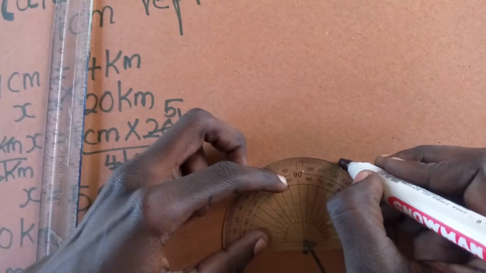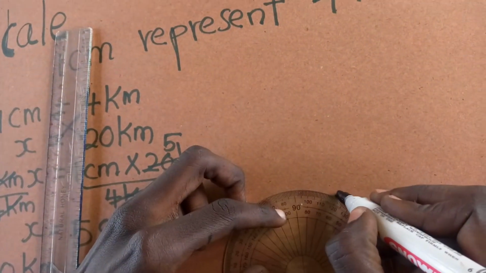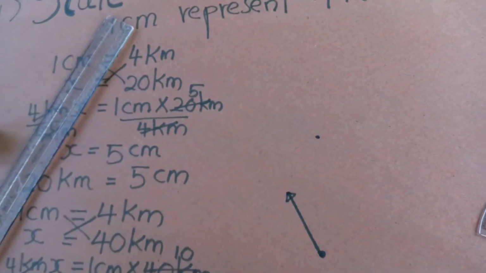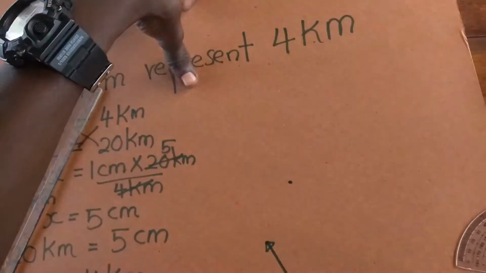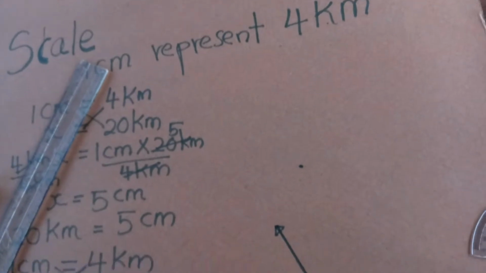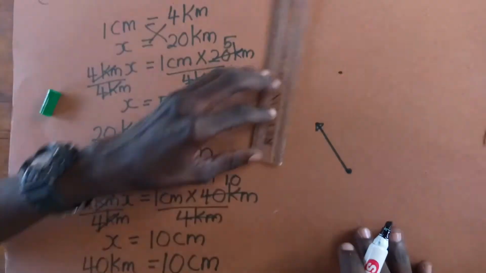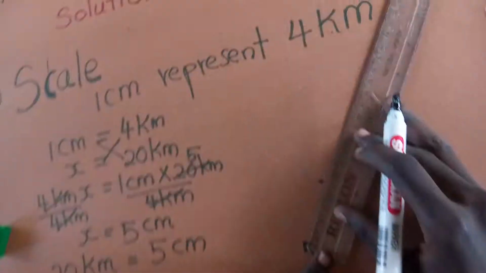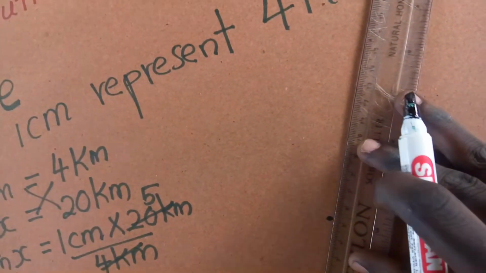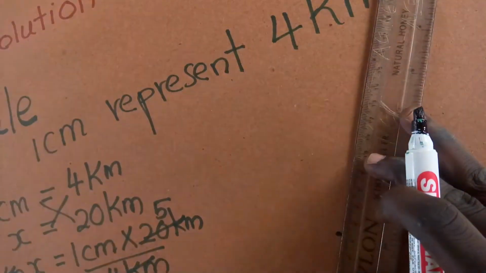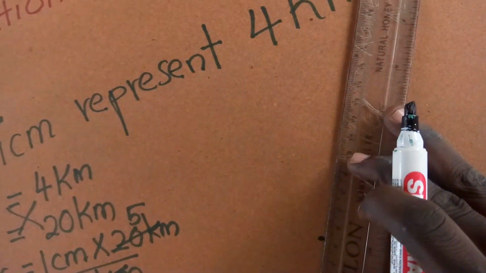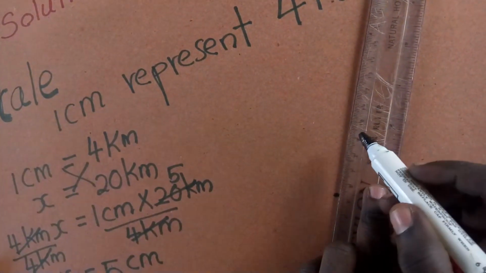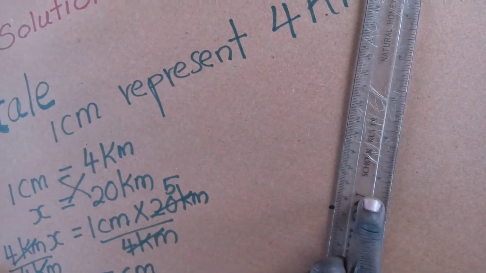You have to mark it. And then you're supposed to measure 10 centimeters, because these 40 kilometers are represented by 10 centimeters. But this line should follow the angle 60 that you measured at first.